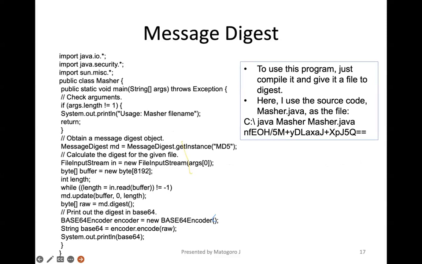But what is important to use this program is to just compile it and give it a file name to digest. Here I use the source code Marsha.java as the file name. So you can see some of the output that you can get out of this Java code on the message digest.